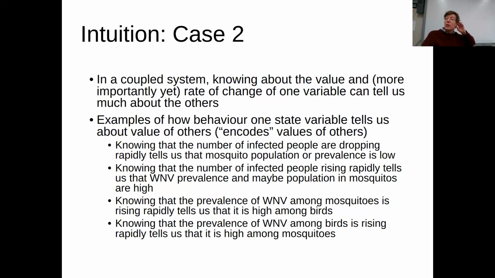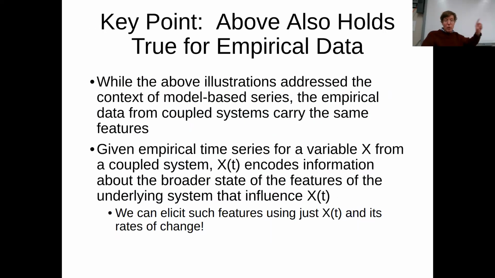If you just listen carefully in the right way, if you have the right lens to look at it, you learn about what's going on in other areas of the system. You can learn a wealth of information about what's going on elsewhere.